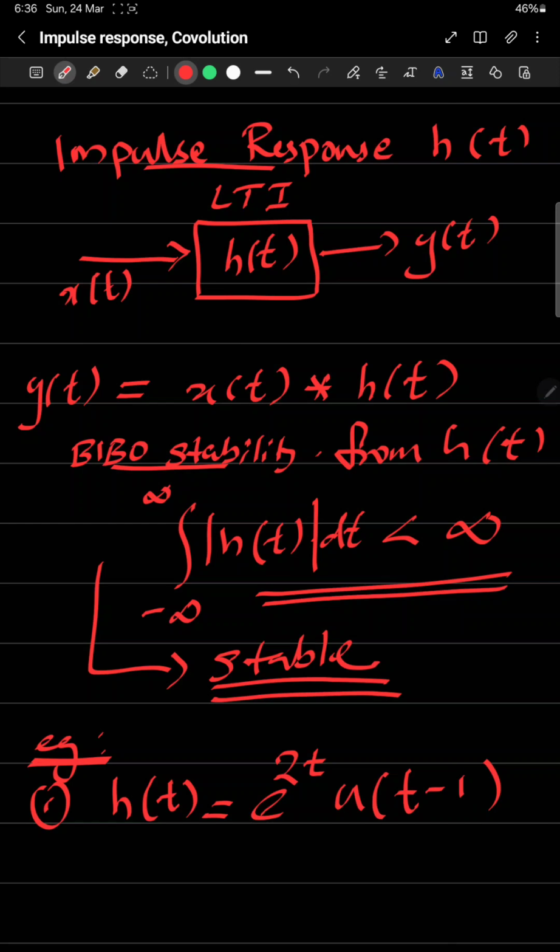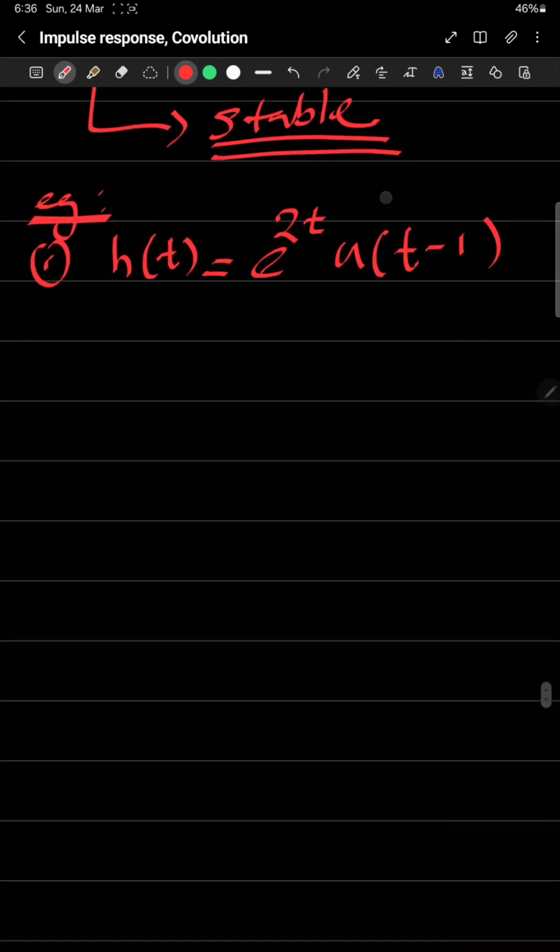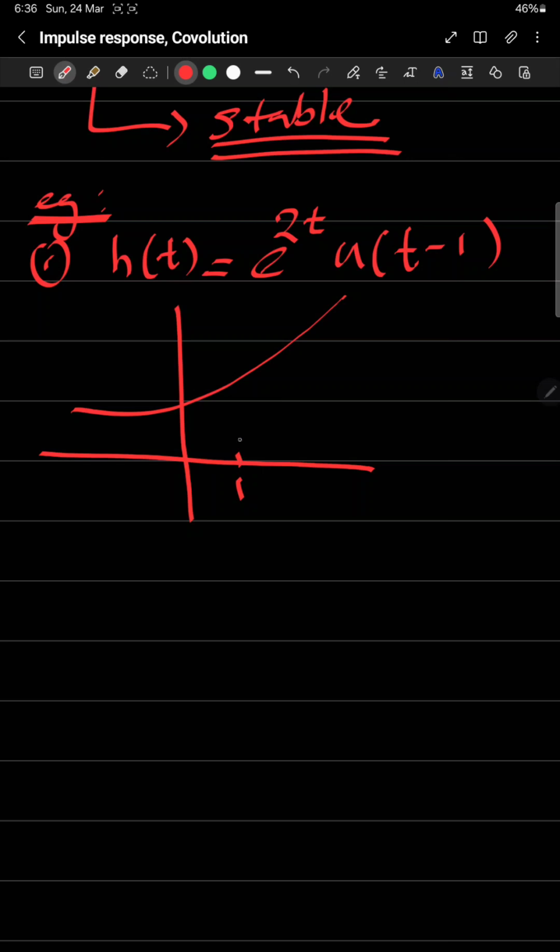You can continue with the mathematical part, but I am not going into that. I will just look at this signal and say whether it is stable or not. Looking at h of t, you know that the graph of e raised to 2t is like this. When you multiply with u of t minus 1, 1 comes over here. So you will have a system like this.